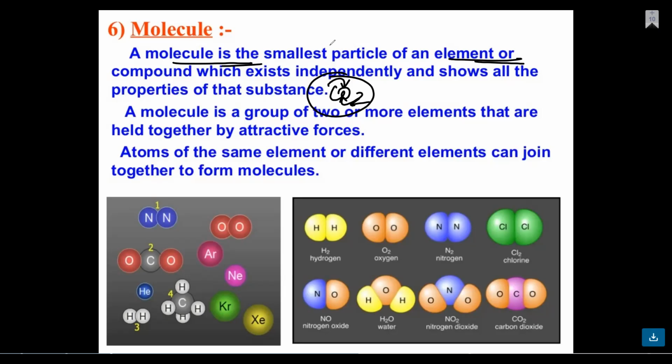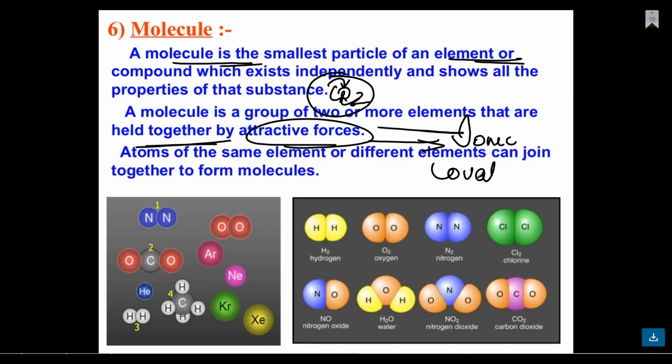A molecule can have two or more elements held together by attractive forces. The forces can be ionic or covalent.